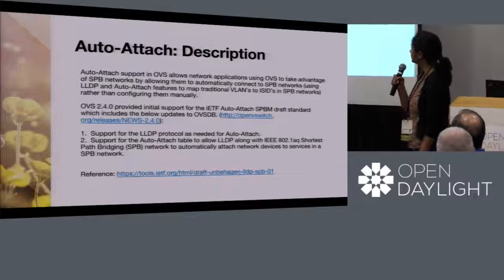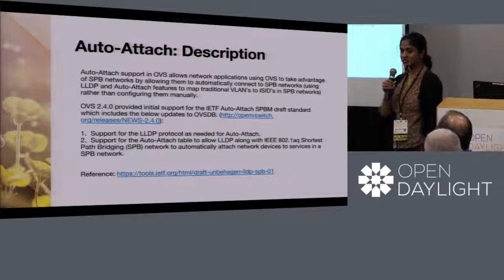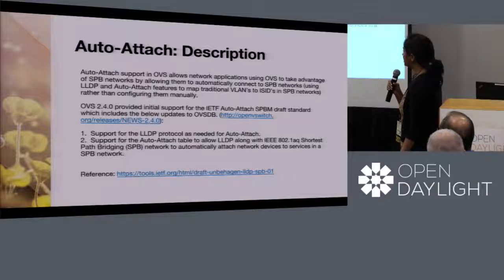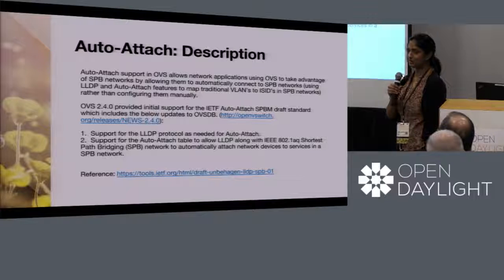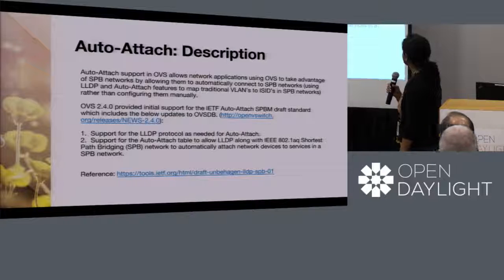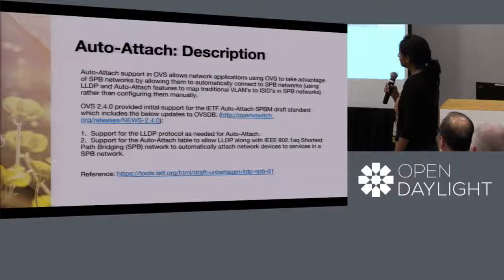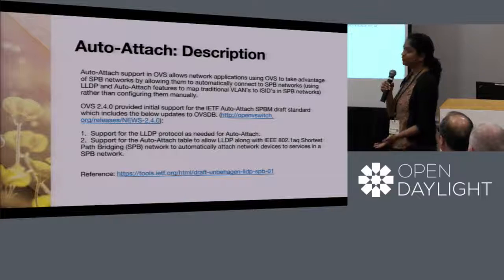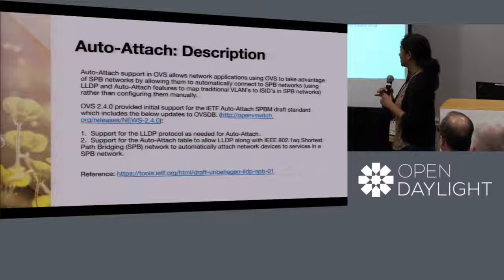Okay. So OVS 2.40 came up with a new table called auto attach. Basically, this was to enable OVS to take benefits of shortest path bridging networks. So support for it in ODL had to be done.